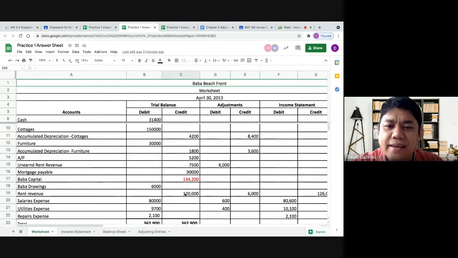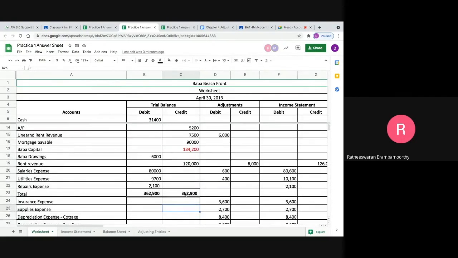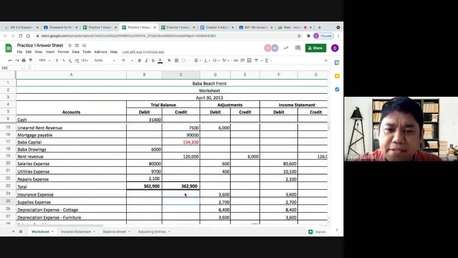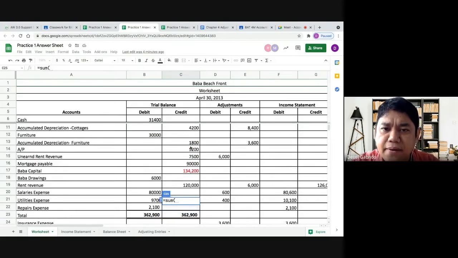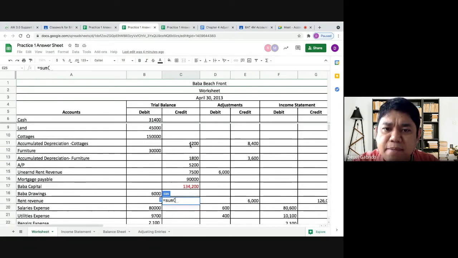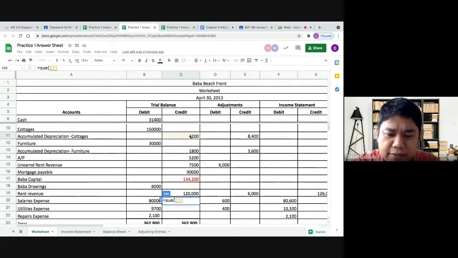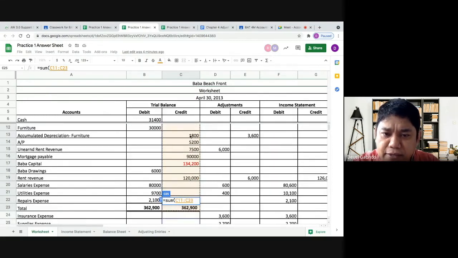Let's do it again for the last time. There's a missing capital. If I include 134,200, will it give us that sum? I don't know if Excel is doing a wrong calculation or us.